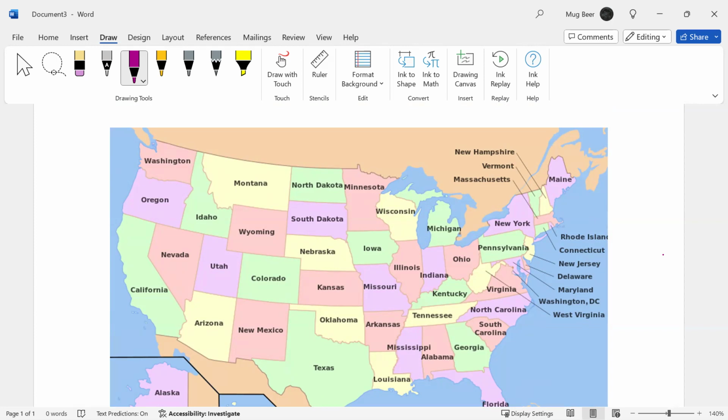So epidemiologists started studying cancer and they would put all the dots of all the cancer all over the map of the United States.